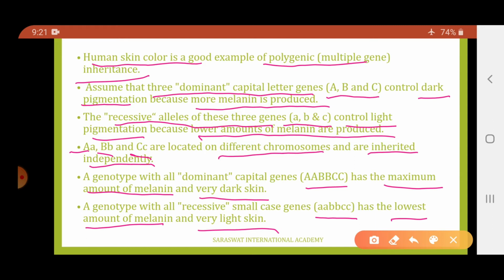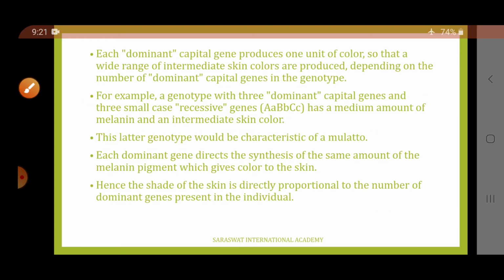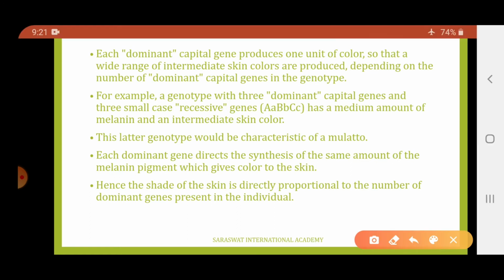An individual with all the dominant genes will have maximum melanin production and very dark skin, and an individual with all the recessive genes has the least amount of melanin and will have very light skin. Now students, listen very carefully. Each dominant capital gene produces 1 unit of color.